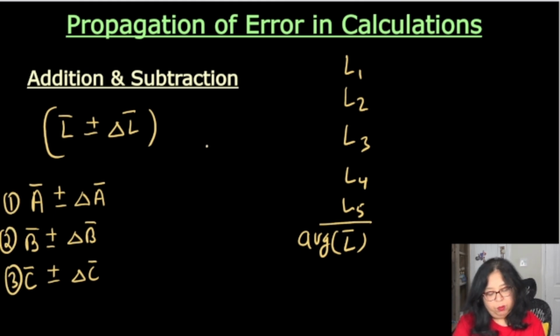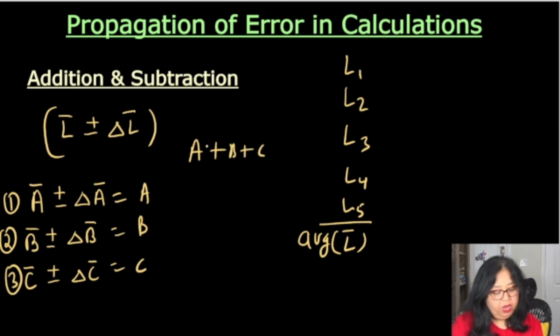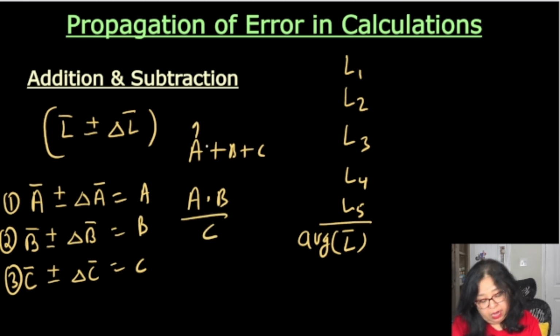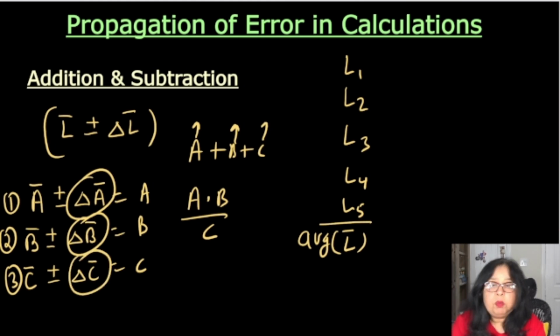Let's call these just A, B, and C. Maybe I want to find A plus B plus C, or maybe I want to find A times B divided by C. Now A has an error equal to delta A bar, B has an error equal to delta B bar, and C has an error equal to delta C bar.